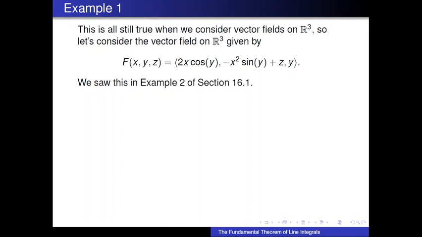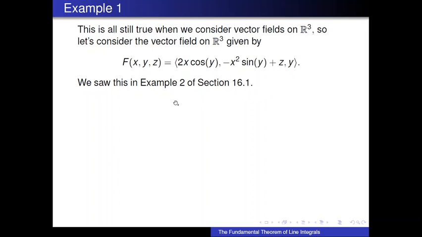Like I just said, we can do this when we have a vector field on R3. So let's do an example in R3. We'll have big F of x, y, z equals 2x cosine y in the first component, minus x squared sine of y plus z in the second component, and y in the last component.